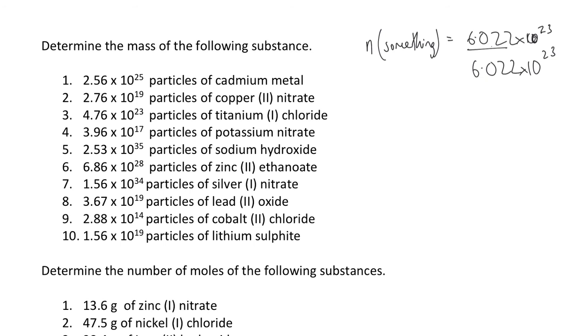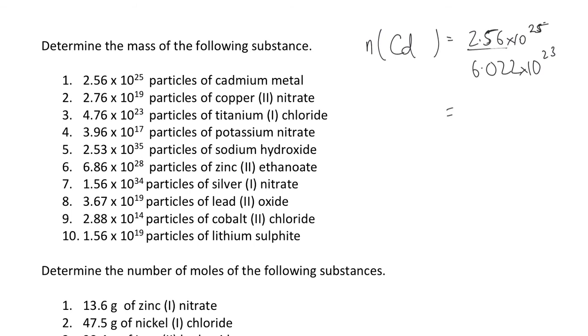Because it'd be the same number over the same number. Because remember, 1 mole equals that number of particles. So in this case, I have cadmium metal, and I have 2.56 times 10 to the 25 particles of it.